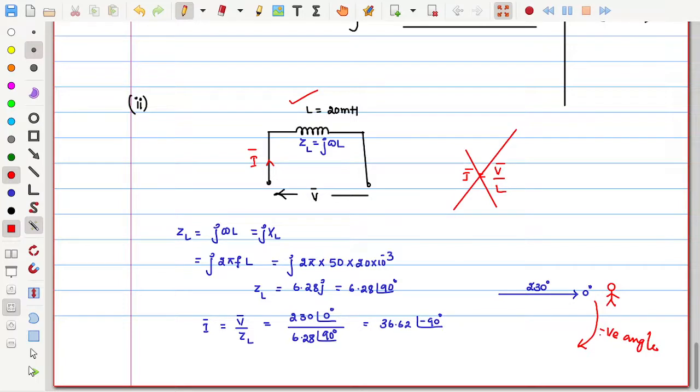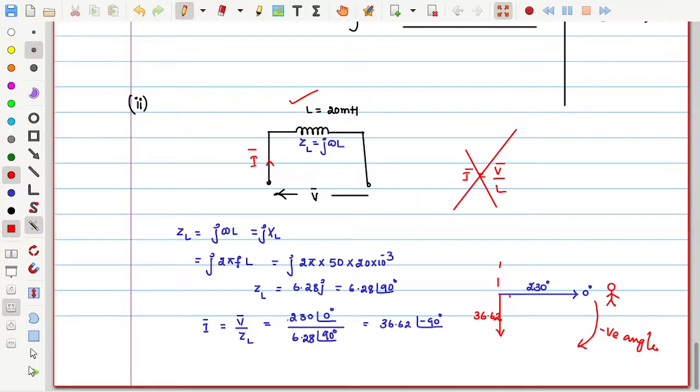So by how much angle do I have to move? 90 degrees. So somewhere here 90 degrees may be there. So there you try to draw a line with a length of 36.62 here. Why minus?